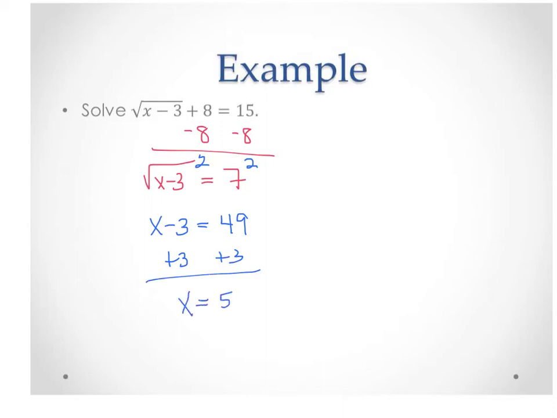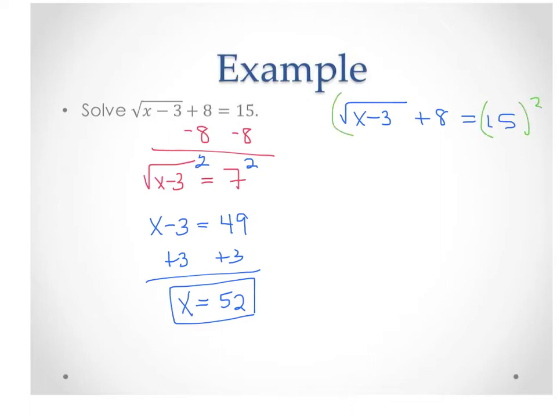X equals 52. By the way, I want to bring up one thing real quick. The fact that I say when we square both sides, this is why from the beginning I don't want to square. Because if I square both sides, that gets squared, but then this gets squared. And then that becomes x minus 3 plus 8 times the square root of x minus 3 plus 8 equals 225.